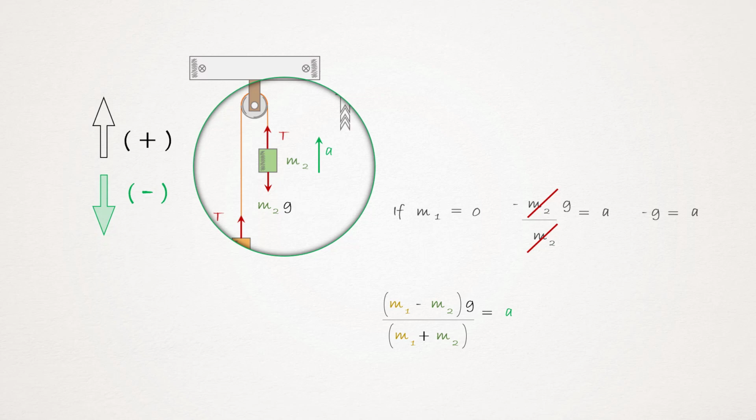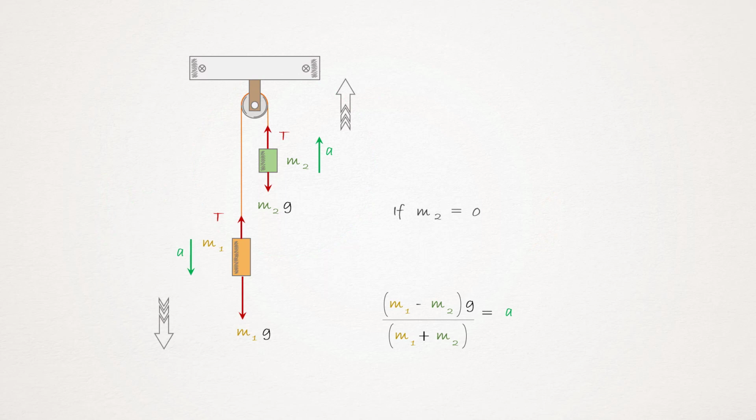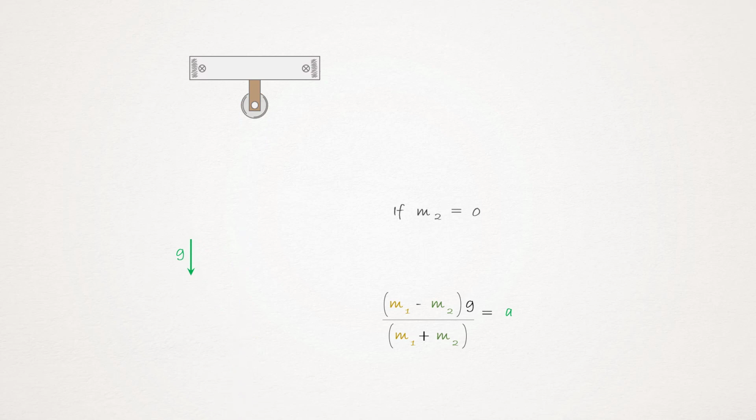Remember that we chose for M2 a coordinate system where vectors pointing upward were positive. And if M2 is 0, then M1 should be the one free falling at g. And that is what we get. Notice the positive in this case.